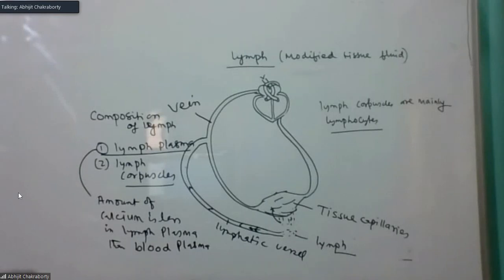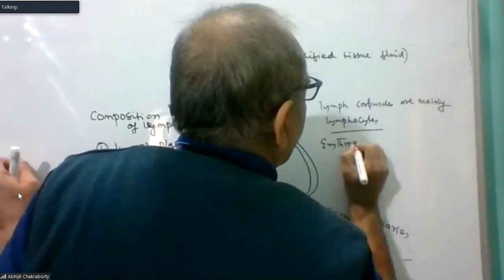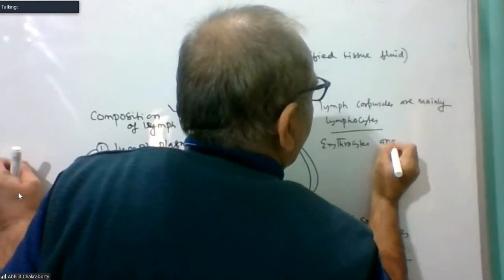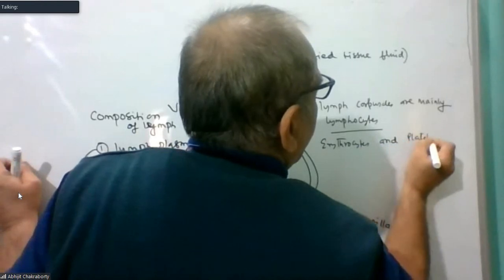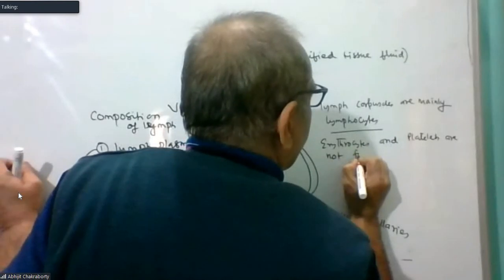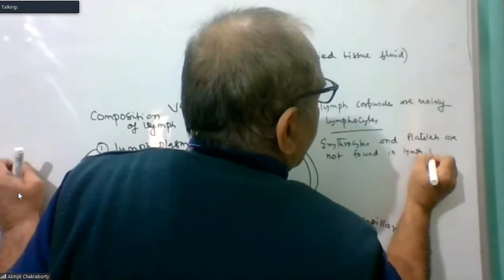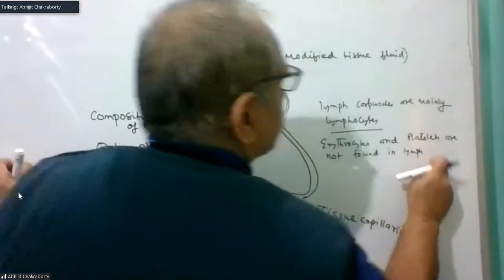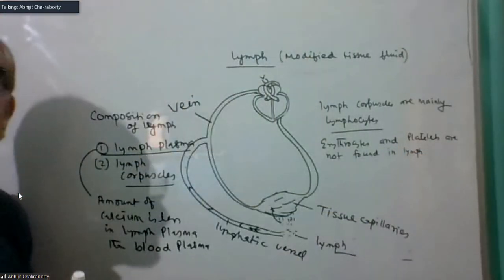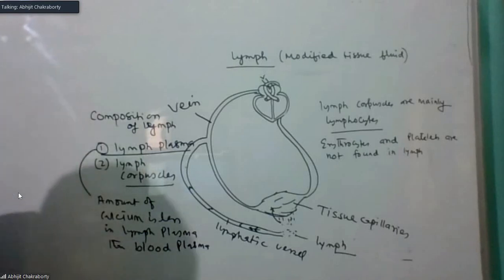Erythrocytes and platelets are not found in lymph. Lymph corpuscles are the main component, mainly the lymphocytes are found.